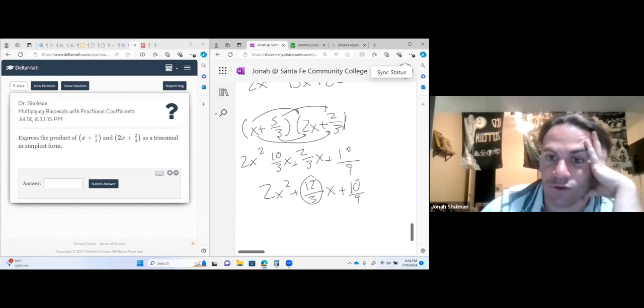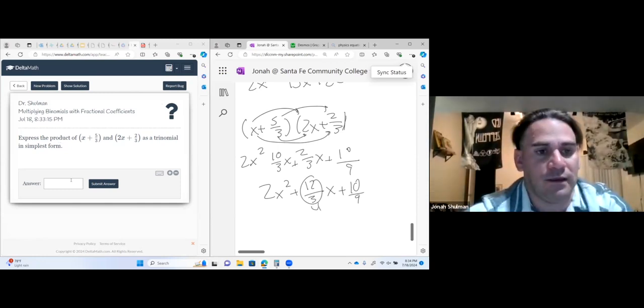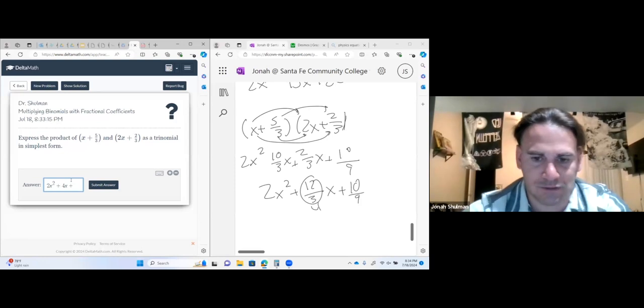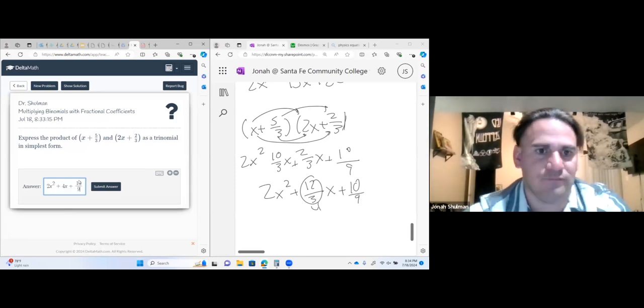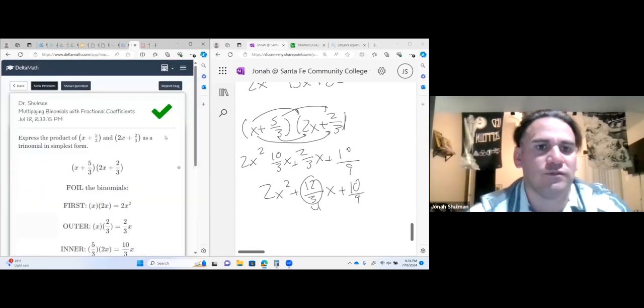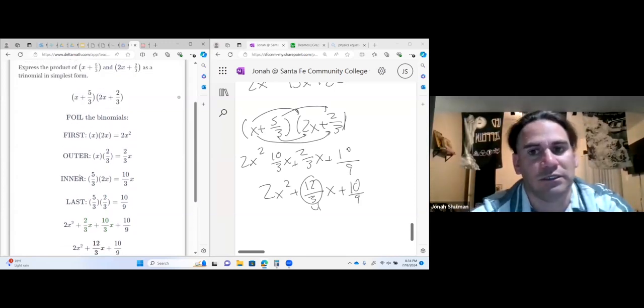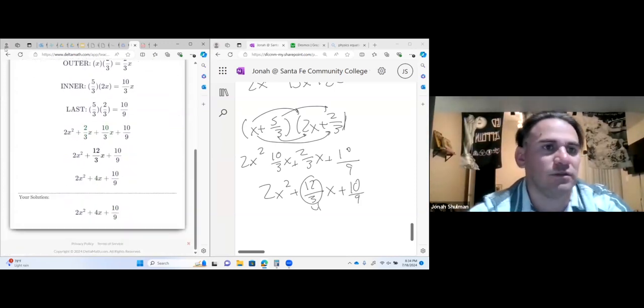But notice 12 over 3 is really 4. Not your final answer: 2x squared plus 4x plus 10 divided by 9. What an interesting answer. Ta-da! They did FOIL: first, outer, inner, last. I did double rainbow, or you can use the box.